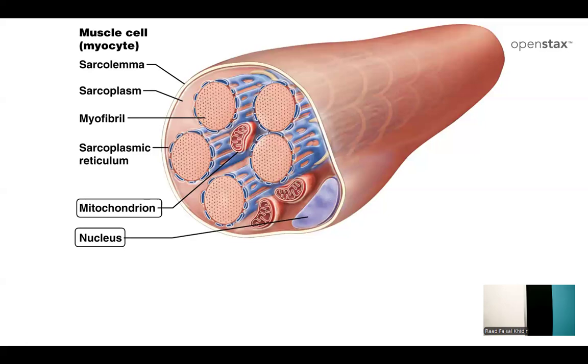Then multiple perimysiums that have muscle fibers, all of them are wrapped by a third layer that surrounds all of them.